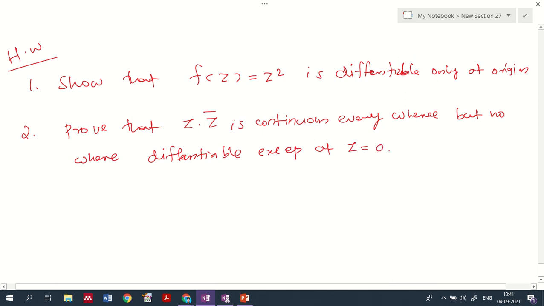Okay, so these are the two homework problems, and there is one more problem we gave earlier. So finish those three and come to the next class, that is on Monday.